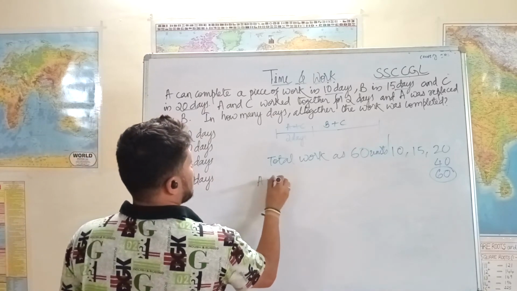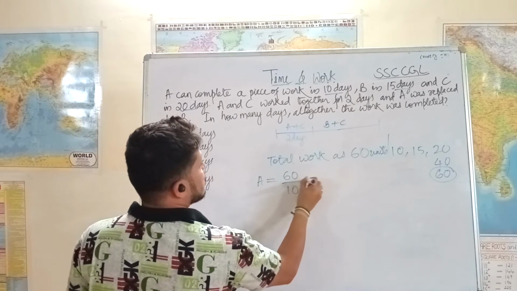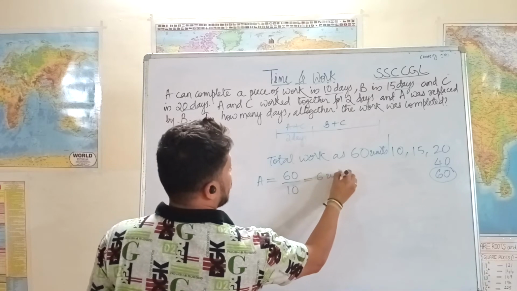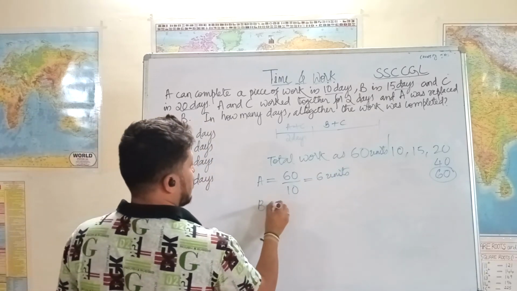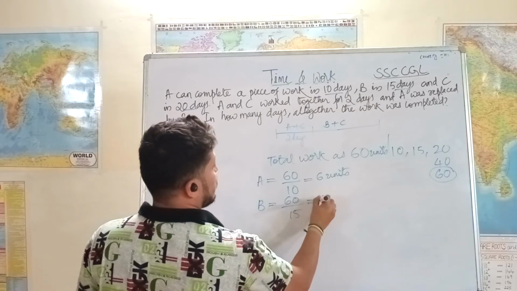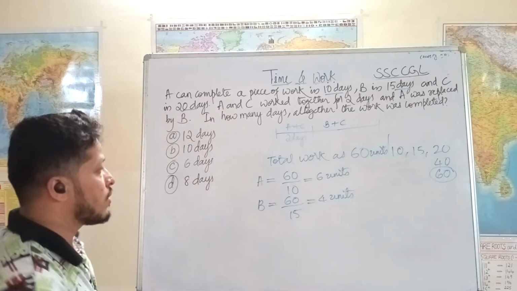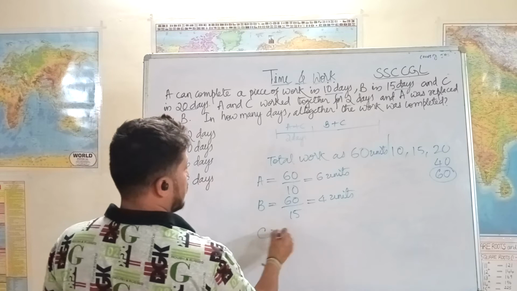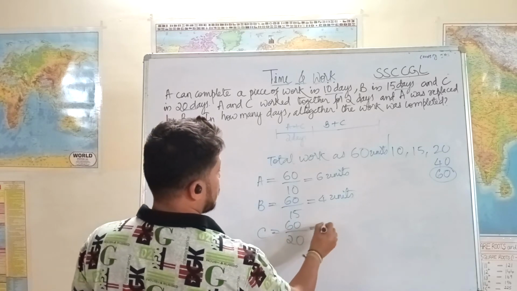A can complete the total work in 10 days, so he can do 6 units every day. What is B's efficiency? B can complete the total work in 15 days, so every day he does 4 units of work. And C completes the entire work in 20 days, so he does 3 units of work every day.